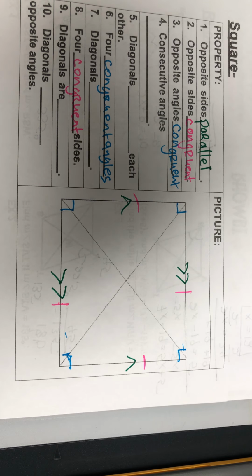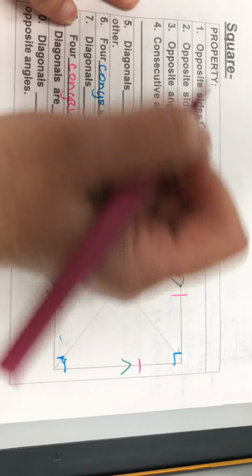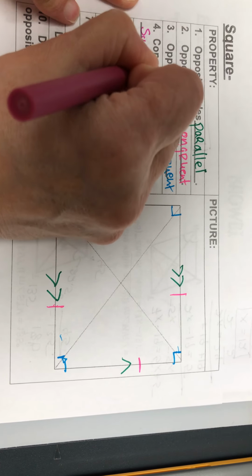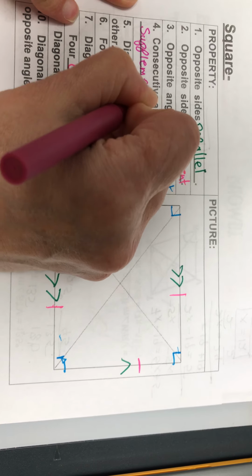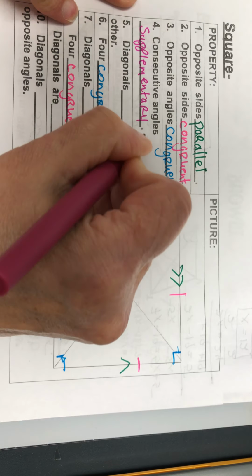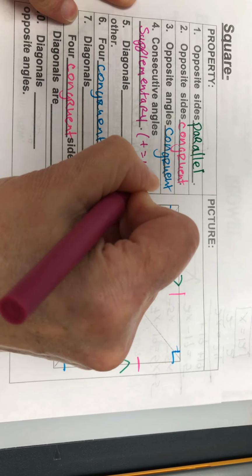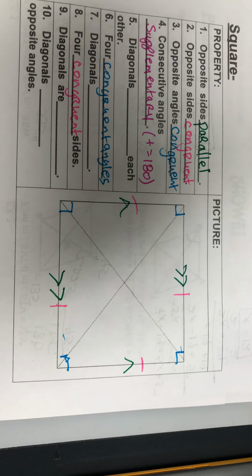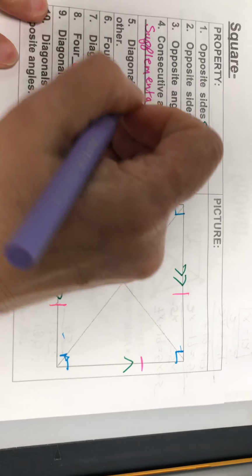Consecutive angles are supplementary. Remember, add to equal 180. 90 plus 90 is 180. Diagonals bisect each other.